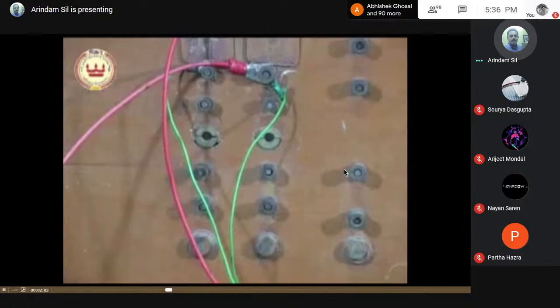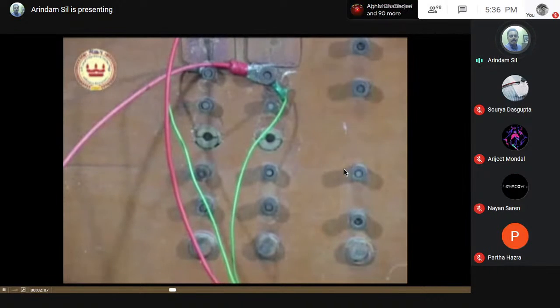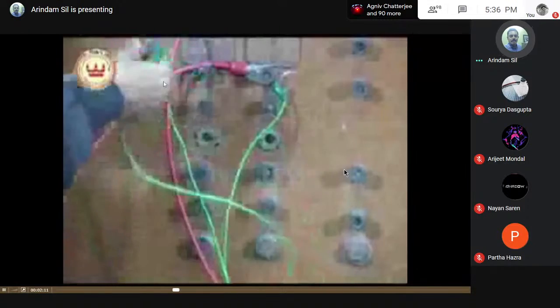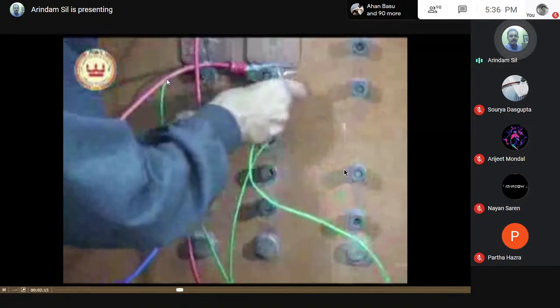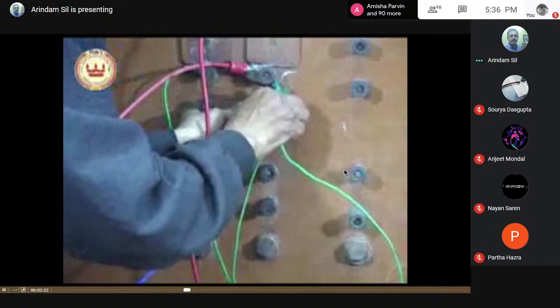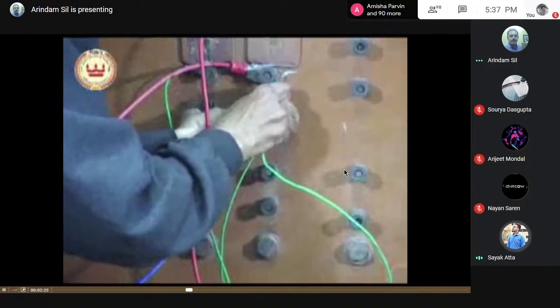It doesn't measure the current that is flowing through. Therefore the wire is thinner and flexible. Whereas the wire which is connected in series carries the line current, source current or main circuit current, so the wires are thicker in size. Is it okay? Clear?